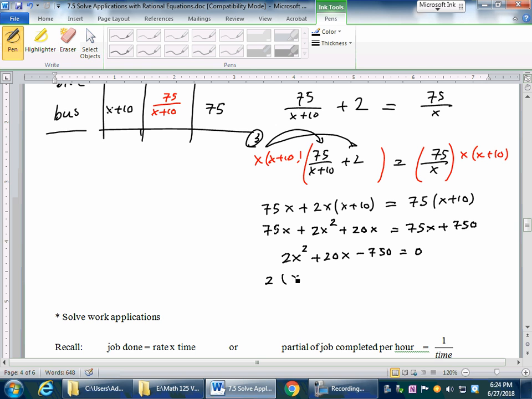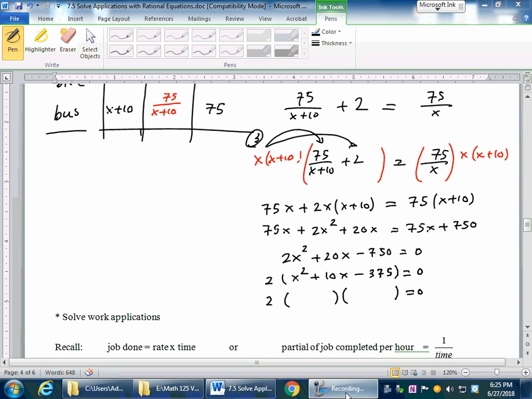That becomes x squared plus 10x minus 750 divided by 2. That gives me 375 equal to 0. Now, again, pause this and try to factor it.